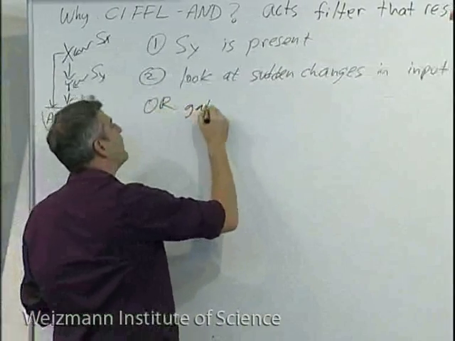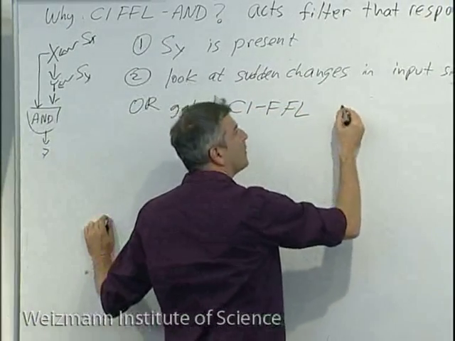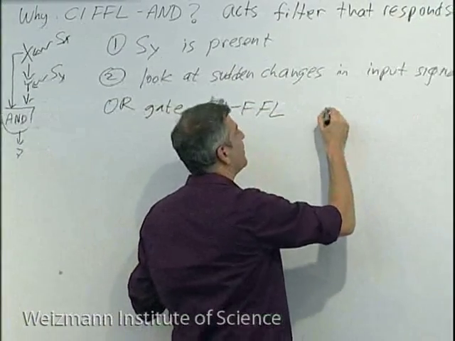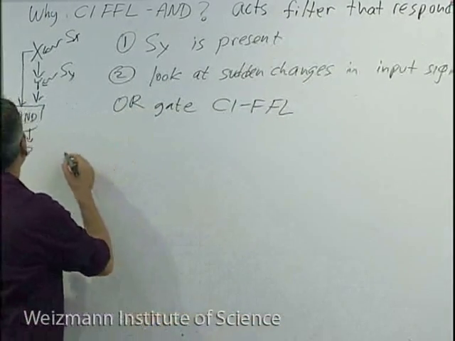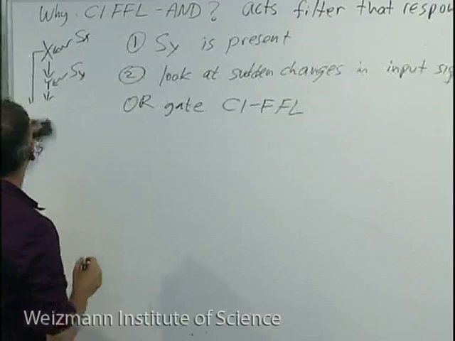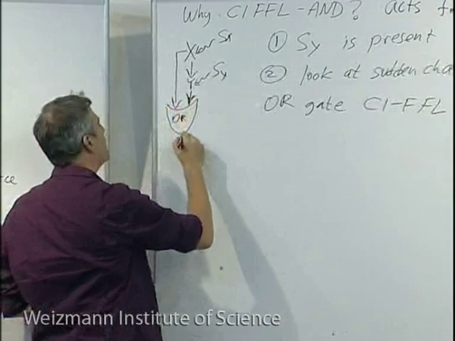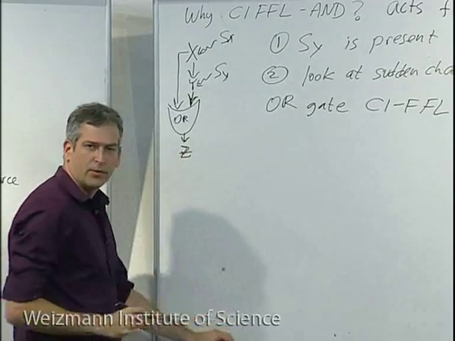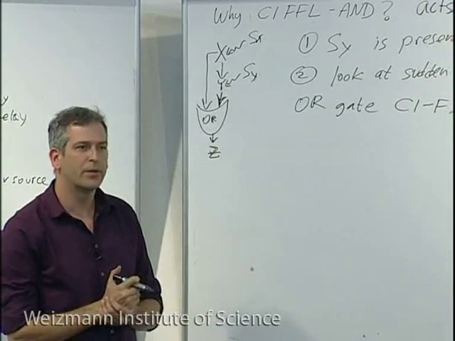OR gate, coherent type 1 feed-forward loop. So our circuit is now, instead of an AND gate, it's an OR gate. So either X or Y is enough to activate Z, right?